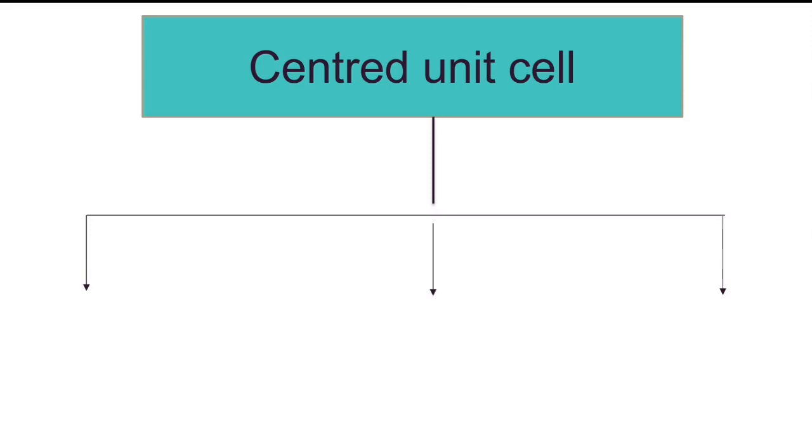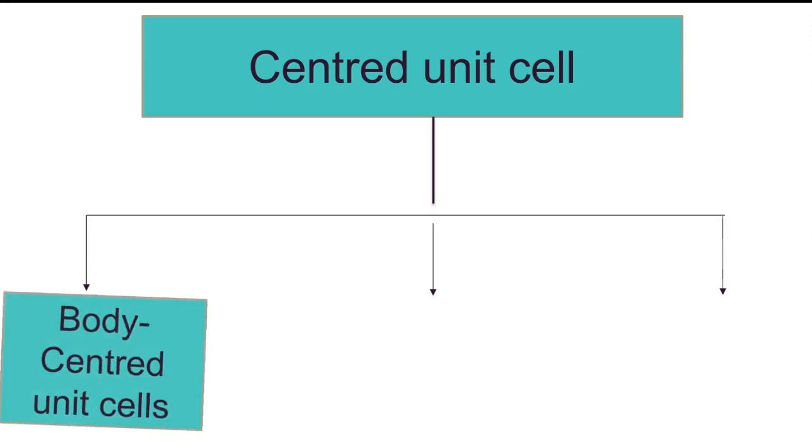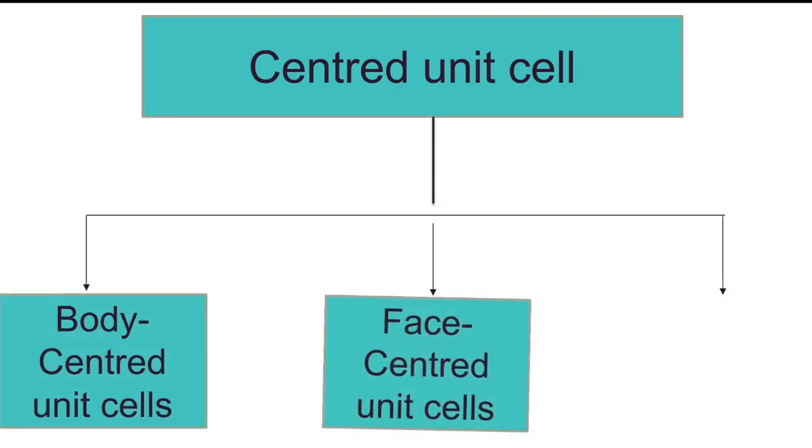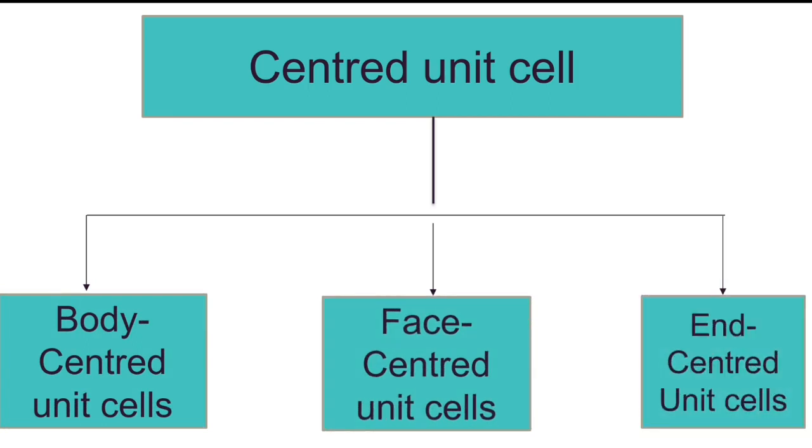The centered unit cells are divided into three types. First one is body centered unit cells, or BCC. Second one is face centered unit cells, or FCC, and third one is end centered unit cells.